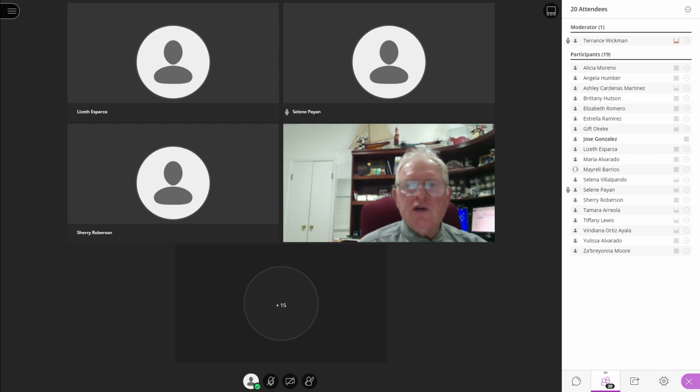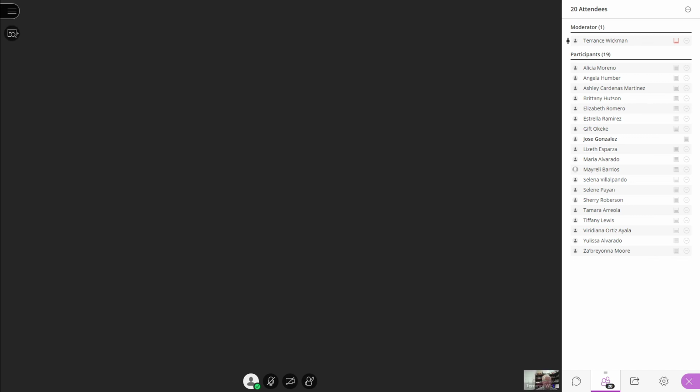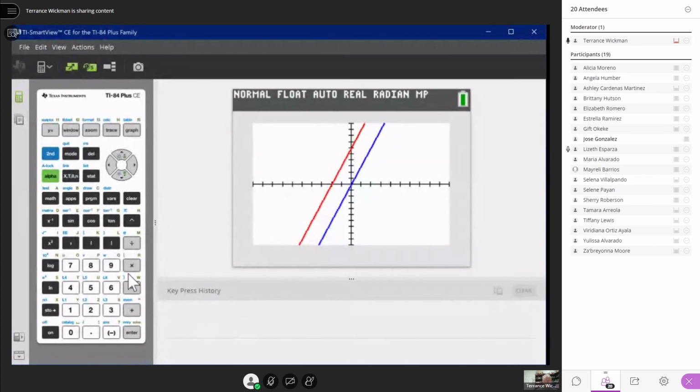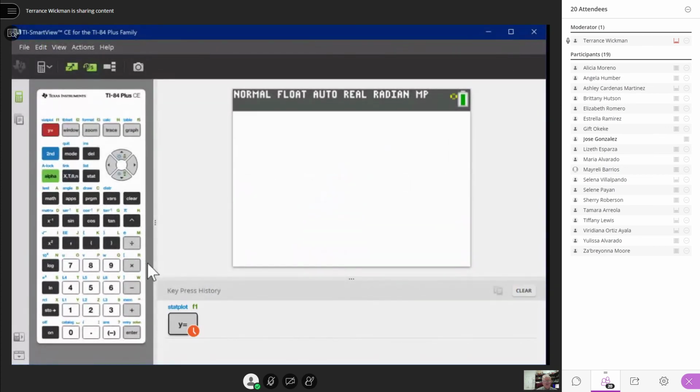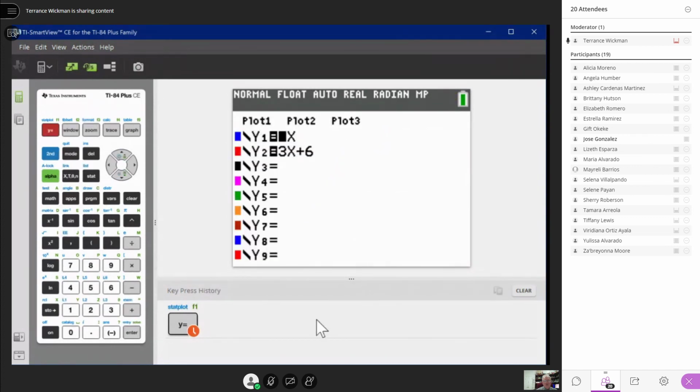We're going to use our calculator and put in just what we had. The square root of x minus 2, because that's what y is. So we go to our calculator. We're going to say y equals. Clear this.